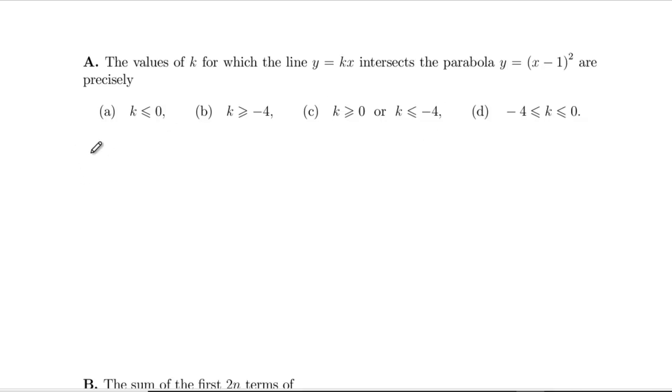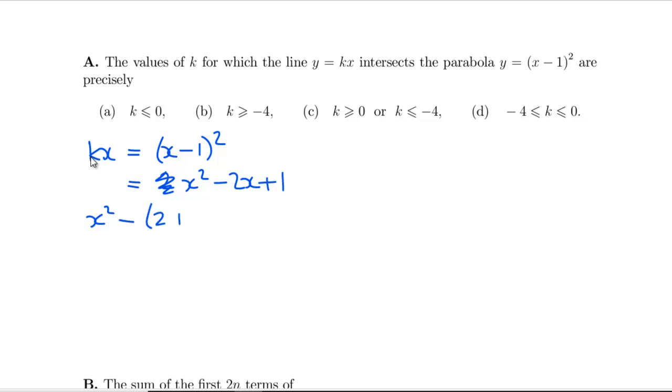Right, okay, so let's set them equal to each other and then we'll have to see where we get real solutions. So we've got that, expand out your bracket. x squared minus 2x plus 1. So x squared minus (2 plus k)x plus 1 is equal to 0.